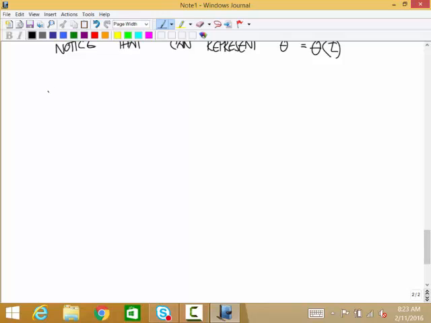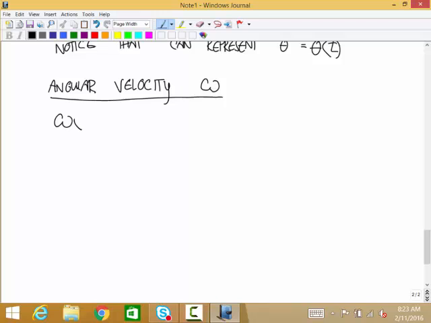Okay, so angular velocity, we're going to represent that as a lowercase omega, like a round W. Angular velocity as a function of time is equal to the time derivative of the angular position.